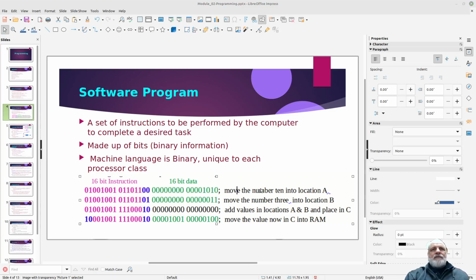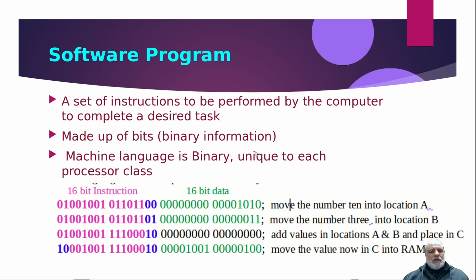If you have an Intel processor, then it has its own language. If you have an ARM processor, it has its own language. If you have a Mac computer, it has its own language. If you have a PLC, it's got its own machine language. And so that's why you can't just take one program from one type of computer and run it on the other, because it needs to be in this machine language, which is just binary, ones and zeros.